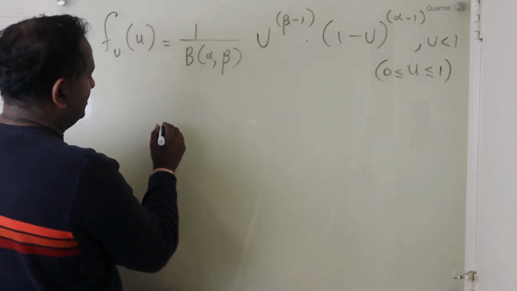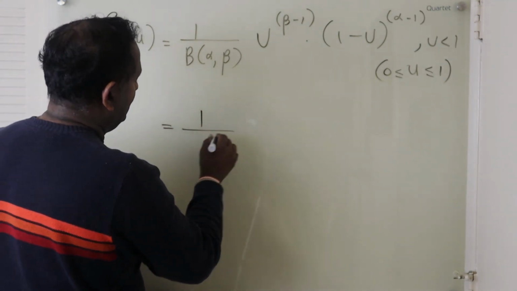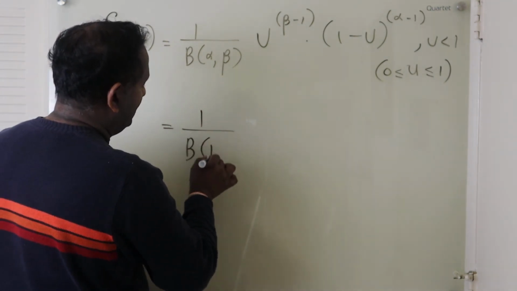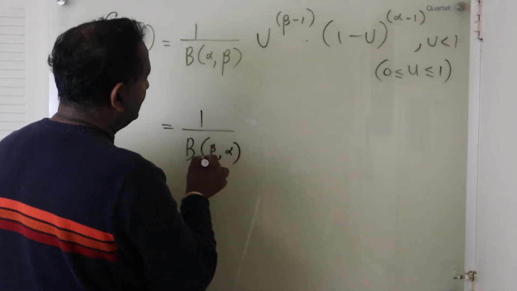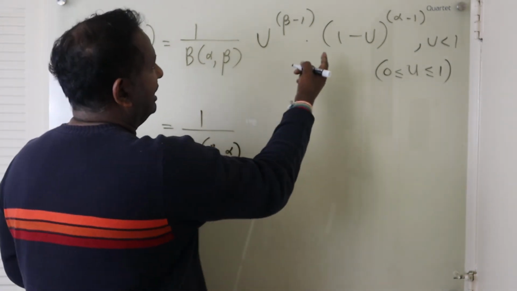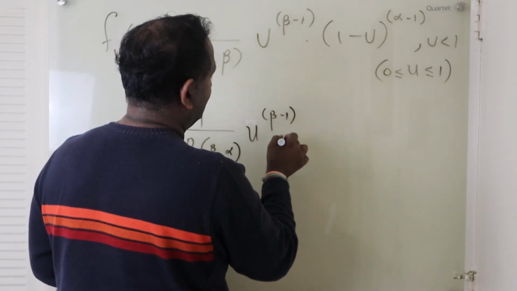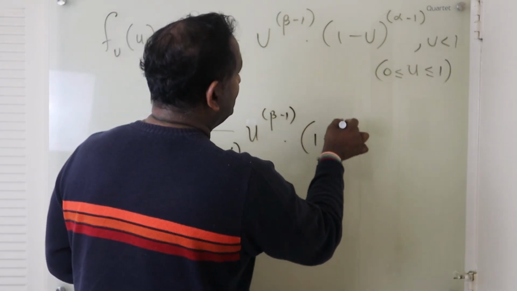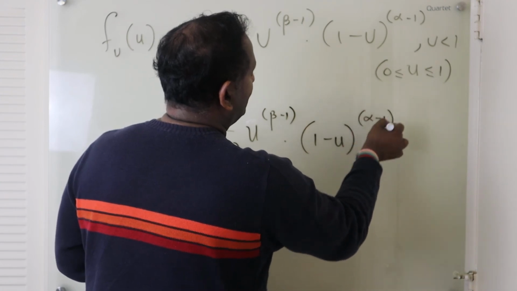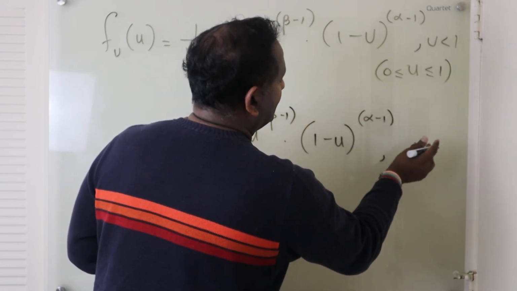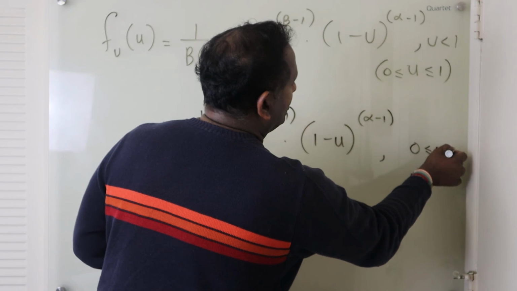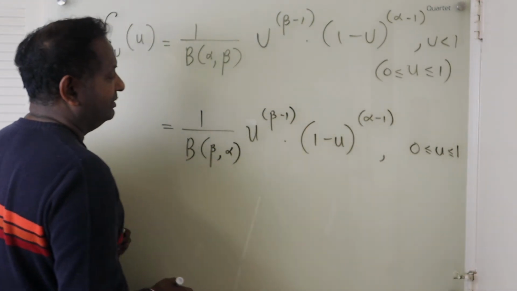Look at what I'm going to do. I'm going to write 1 over beta function beta comma alpha, flip this one, and write u to the beta minus 1 times 1 minus u to the alpha minus 1, with u between 0 and 1.